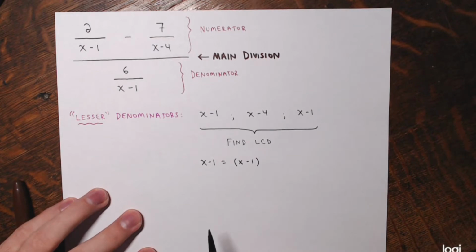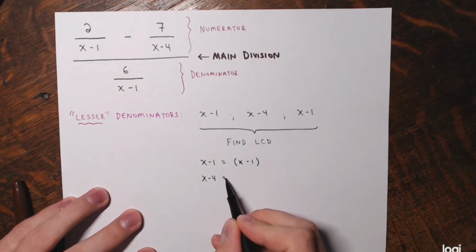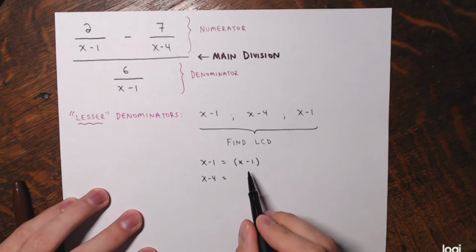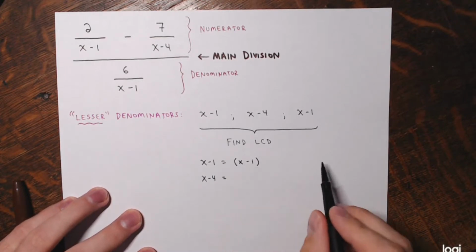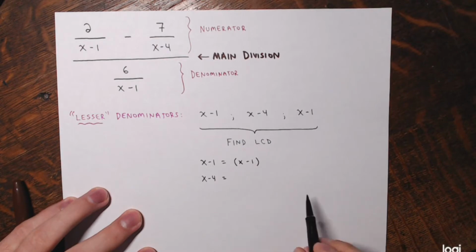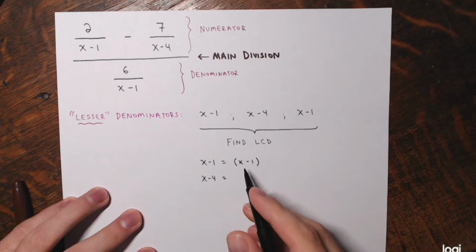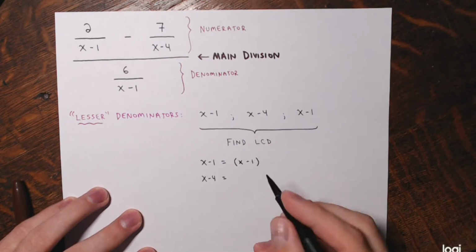Simple enough, right? All these are factored completely. X minus 4 factors to x minus 4. Remember, if you recall from a previous video, a nice method for finding the LCD was to list the factors of each denominator and line up any like factors in columns, and then the factors that showed up in these columns made the factors of the LCD.